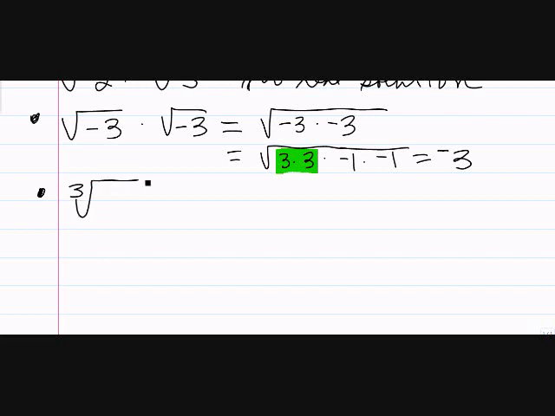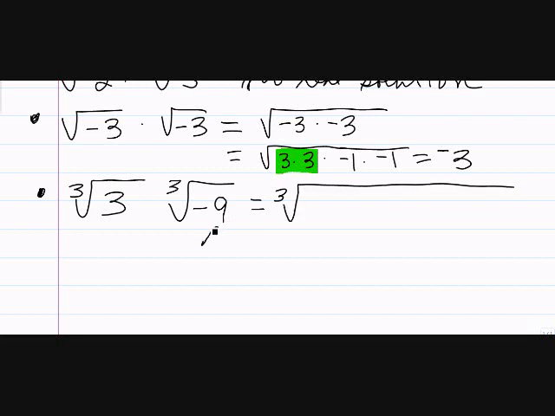So let's do the cube root now of 3 times the cube root of negative 9. Okay. I will turn this into prime factors. Negative 9, 9 is 3 times 3.